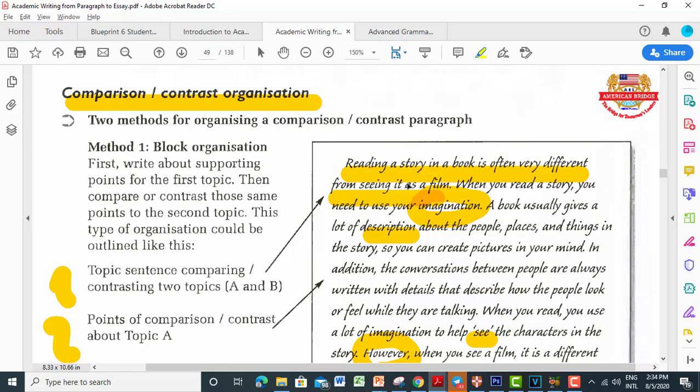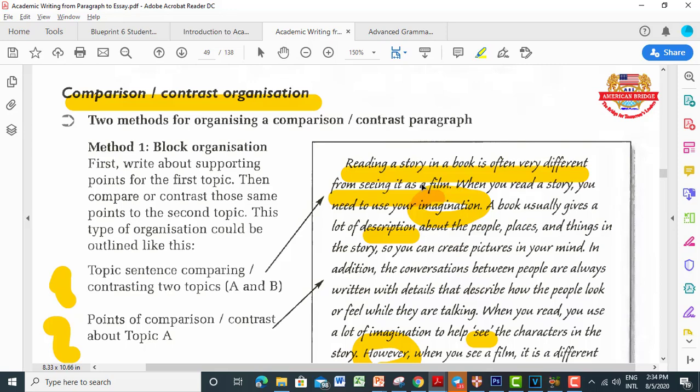So between book and film, regarding maybe the same topic title, we have to use imagination and the description about the people, the places, the things in the stories, and then we create a picture by ourselves in our mind of how the situation comes.